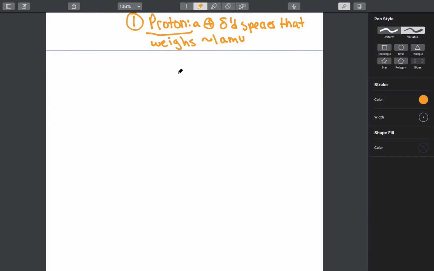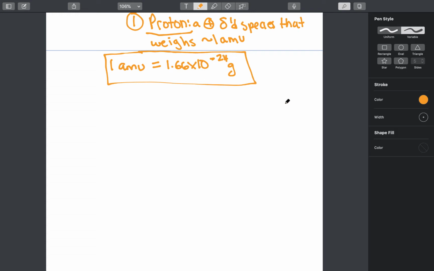Well, 1 atomic mass unit is equal to 1.66 times 10 to the negative 24th grams.